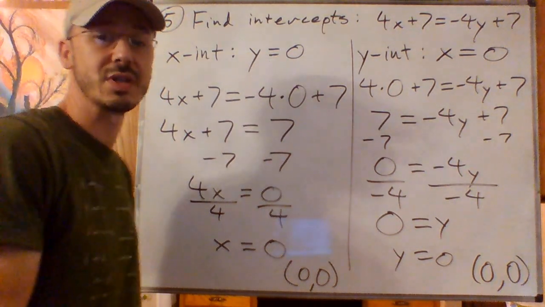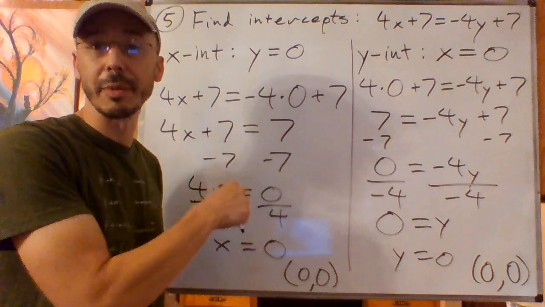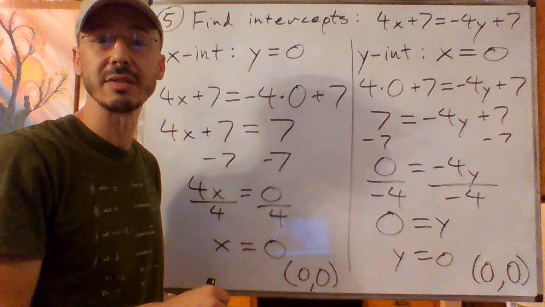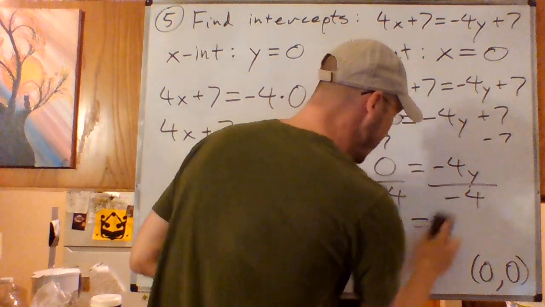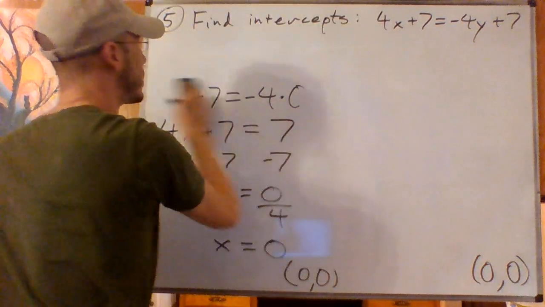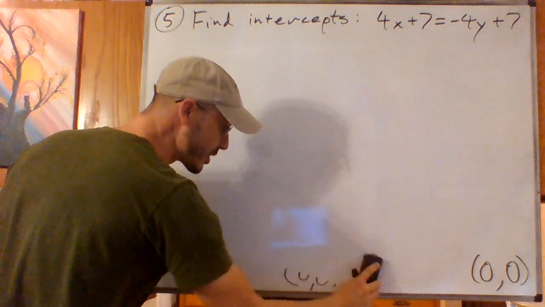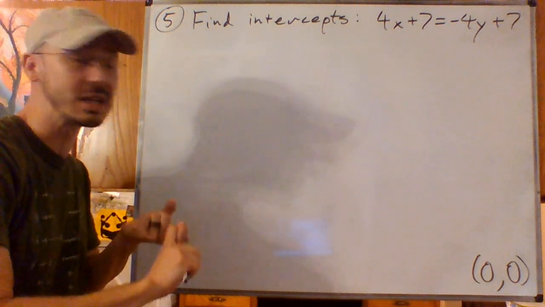So I chose a different value for x, and I'm going to put that in and find the corresponding value for y. That'll give me a second point. Remember, 0, 0. I'll leave it down here. It's not that our intercept method here didn't work, it's just that it turns out the intercepts are the same point. We need a second point.